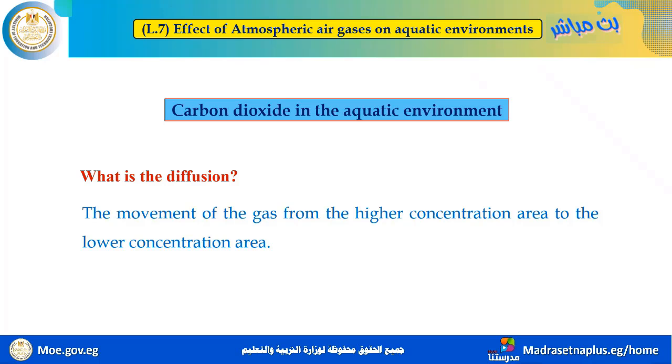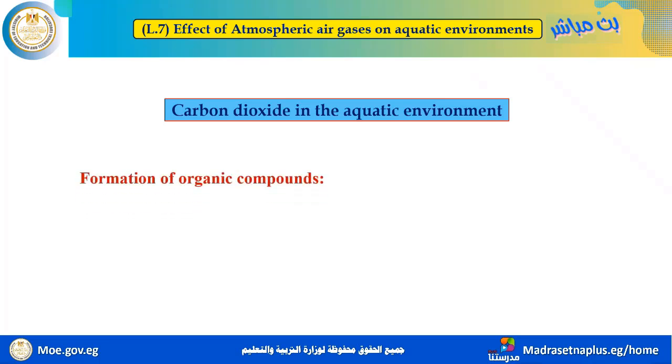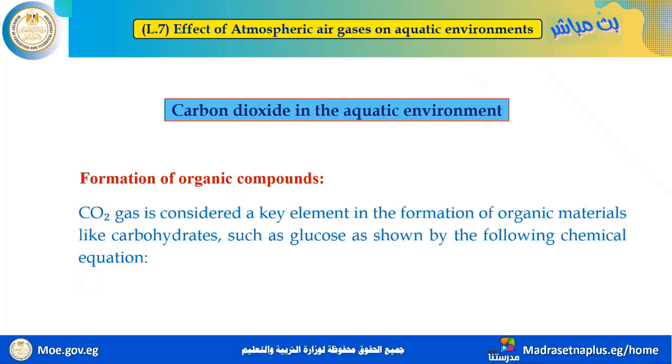Don't forget, be focused, concentrate with me, leave everything in your hand and follow me. Formation of organic compounds. Carbon dioxide gas is considered a key element in the formation of organic material like carbohydrate, such as glucose, as shown in the following chemical equation.